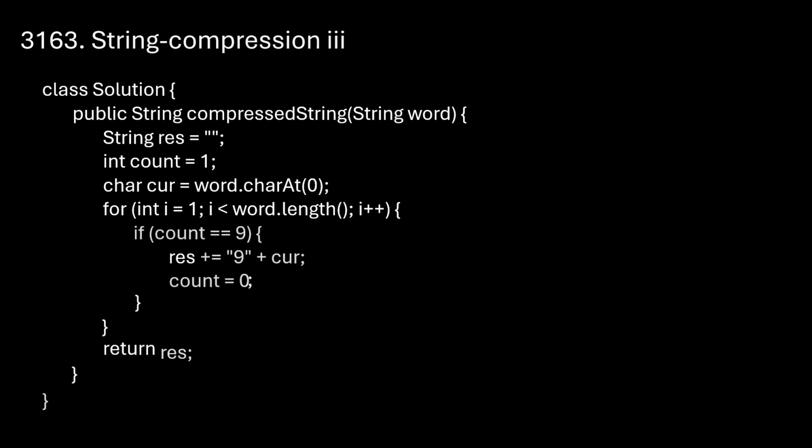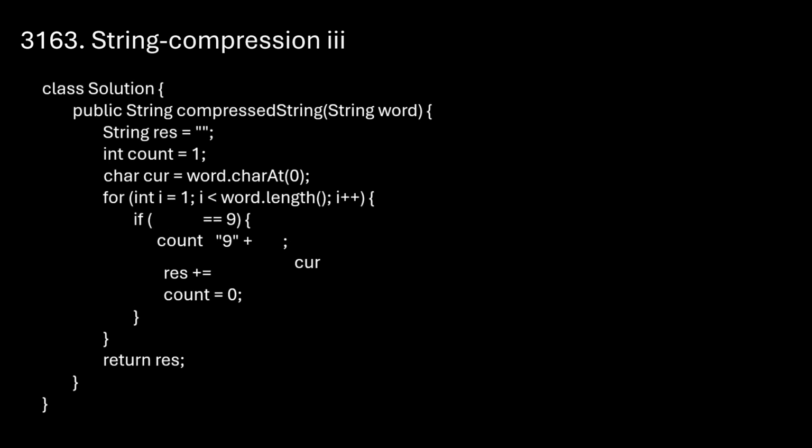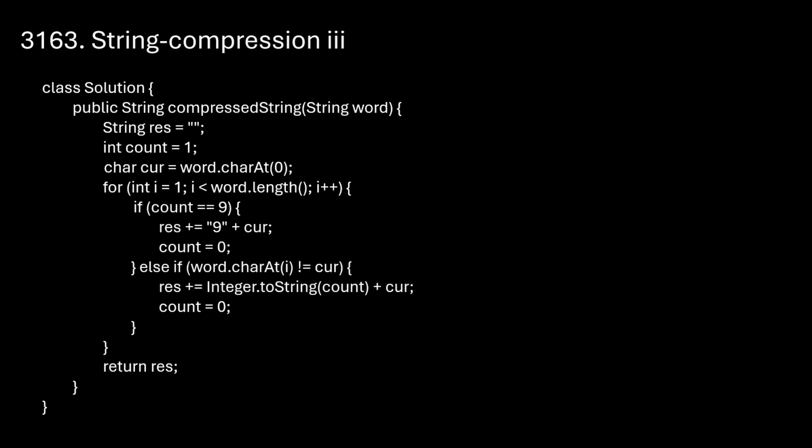If we ever encounter a count that's equal to 9, we'll append 9 plus the current character and reset the count, so that if the next repeated letter is still an A, it would be counted as a new character. And if we encounter a different character, we'll just append what we know currently.